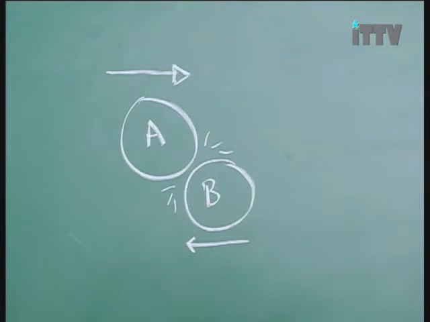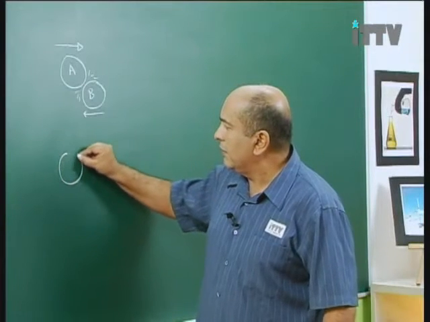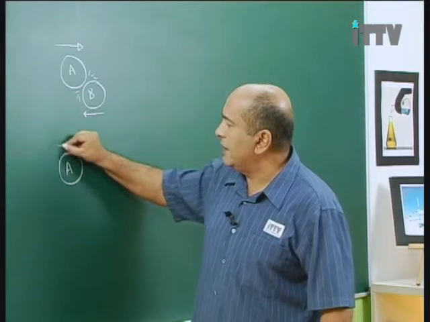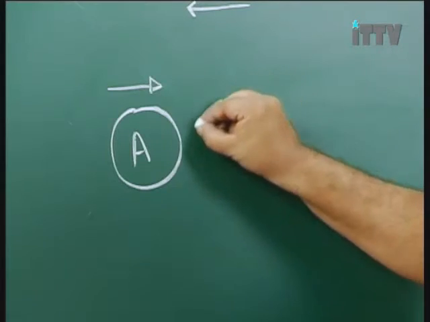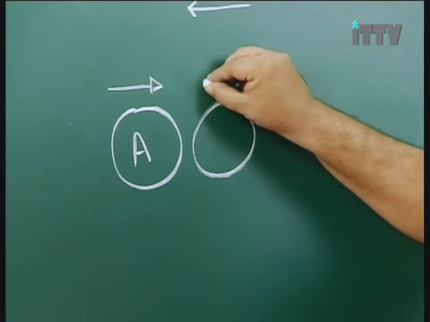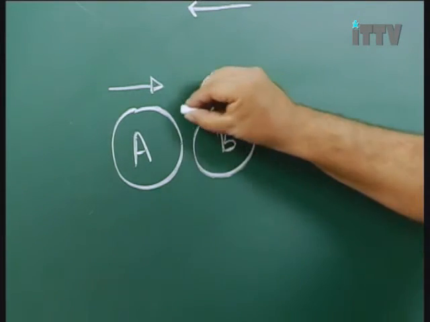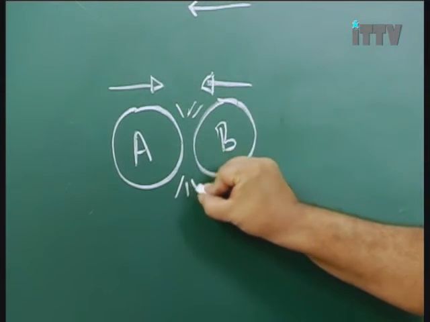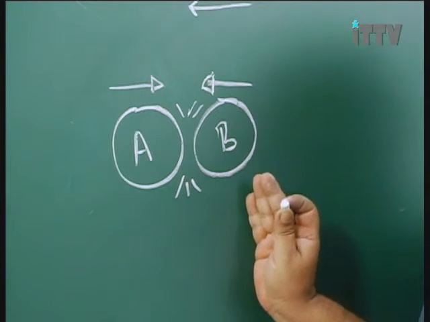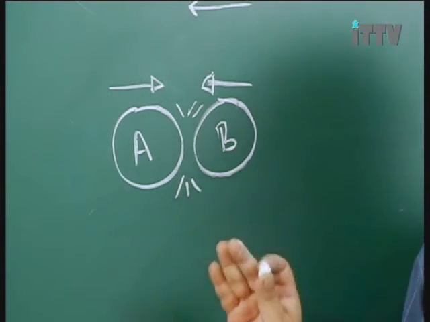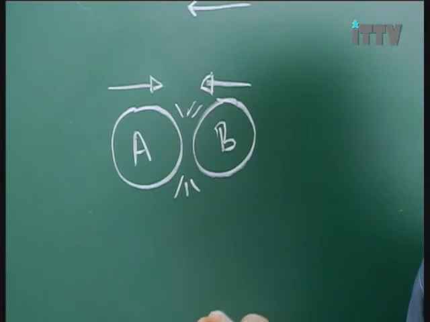But if your particles collide head on, that means A is traveling in this direction and B is traveling in this direction, like so, when these two collide, they are going to produce a reaction, assuming that they have enough energy, which is the activation energy.